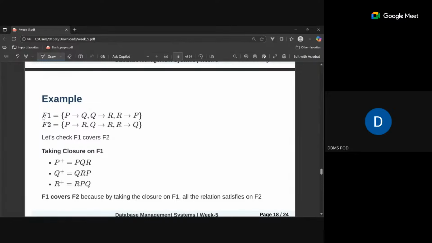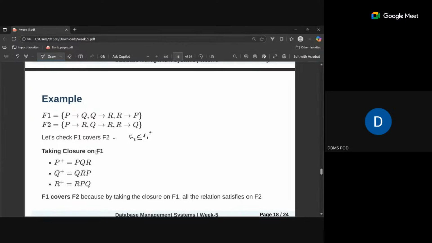So this is my F1 or FG, whatever you say. And this F satisfies P and Q, Q determines R determines P. And this P determines R, and Q also determines R, and R determines Q. These are the dependencies present in the dependency set. If you want to check whether F1 covers F2, I can symbolically represent this as an F1 closure, as a definition.